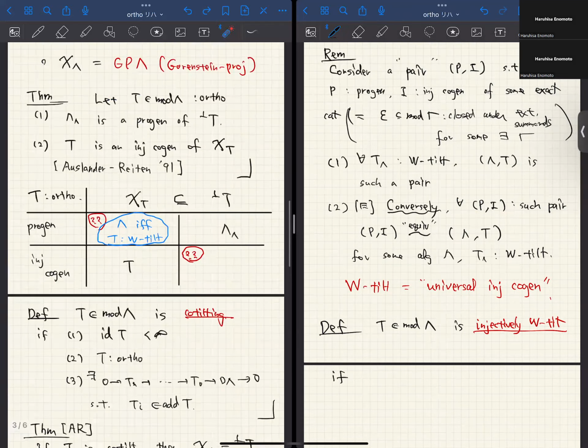I have one missing point, and this is the definition of injectively Wakamatsu. So T should be an orthogonal module, and second, T is an injective cogenerator of perp T. So that is the missing point.